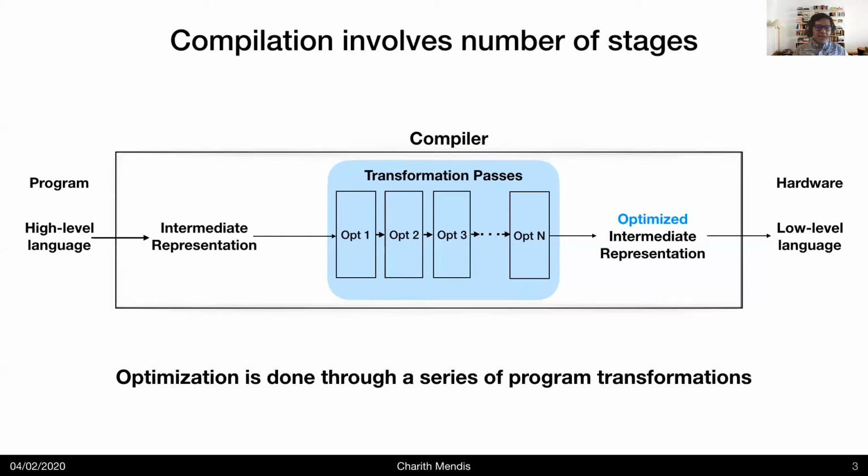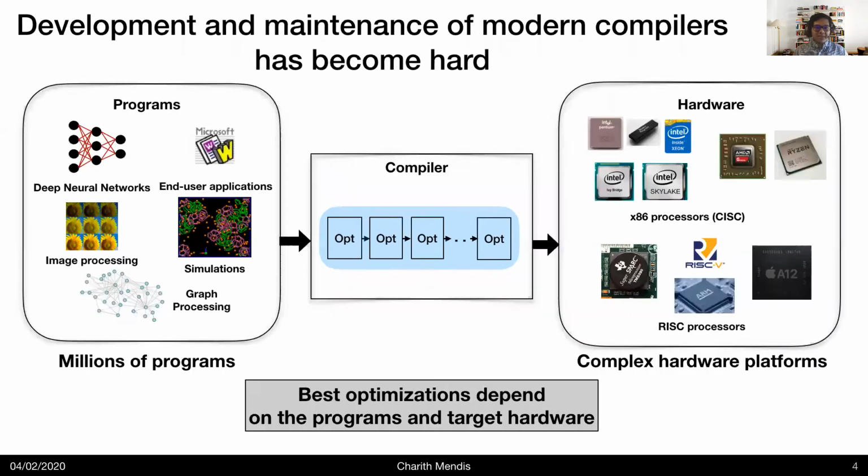And as of late, designing, developing, and maintaining these transformation passes, which are responsible for compile optimizations, has become complex. Now, compilers need to reason about how better to optimize millions of programs with different computational patterns, targeting a plethora of complex hardware platforms with different architectural capabilities.